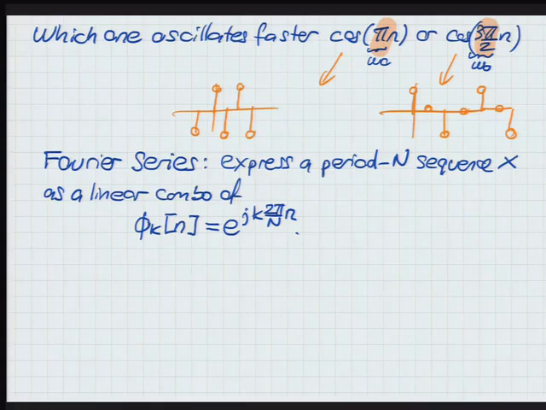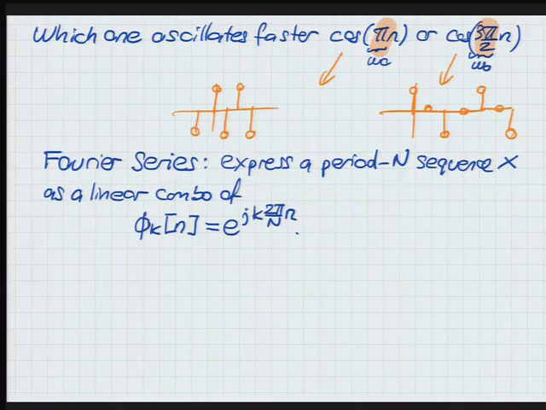Now there is a big difference though. Okay? In continuous time, every k is its own function. If I increase k, I'm a faster oscillating signal, right? But in discrete time, there's a limit to how fast you can oscillate. So it turns out you can't claim anymore, because of the integer nature of little n, that each k is different from each other.